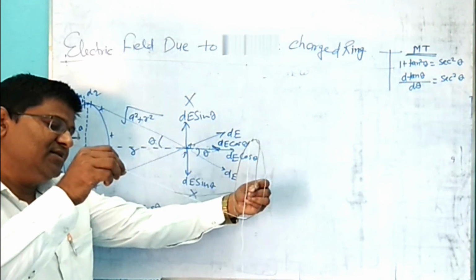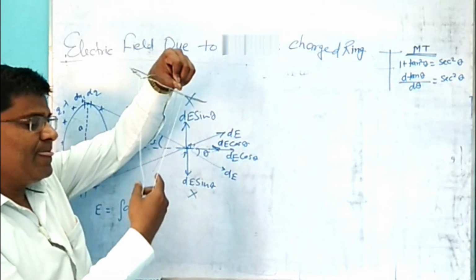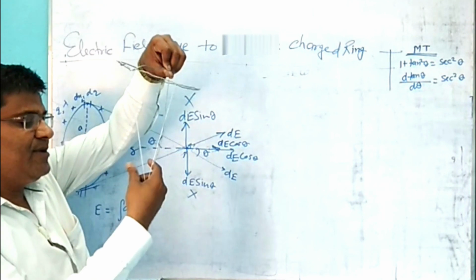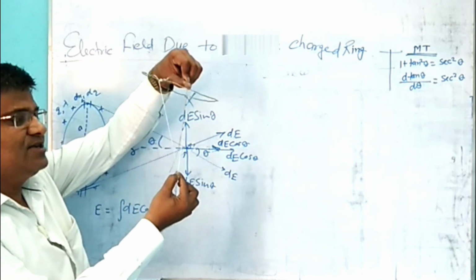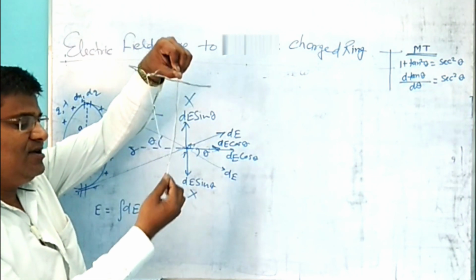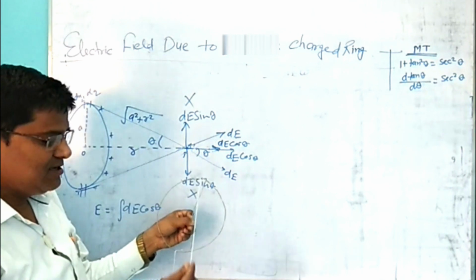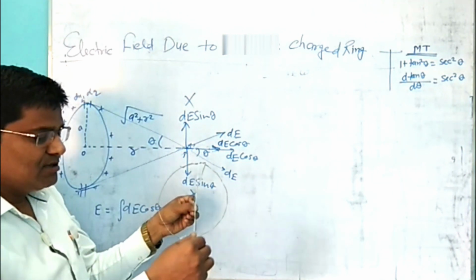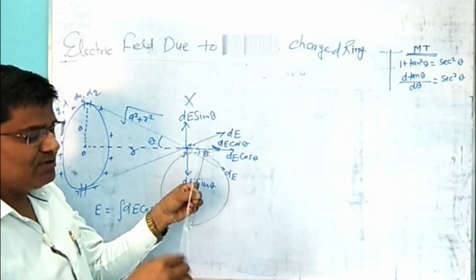Suppose this is one direction, and if I hold two strings simultaneously, then the electric field in this direction is similar to this one.